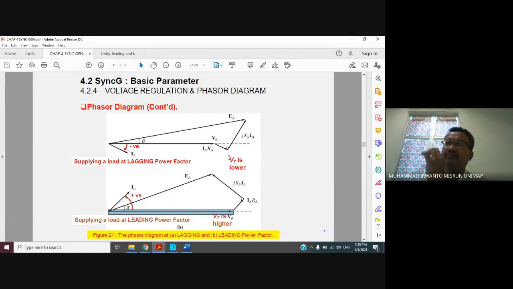And if the power factor is lagging, the terminal voltage or phase voltage is lower than the internal generated voltage, EA.